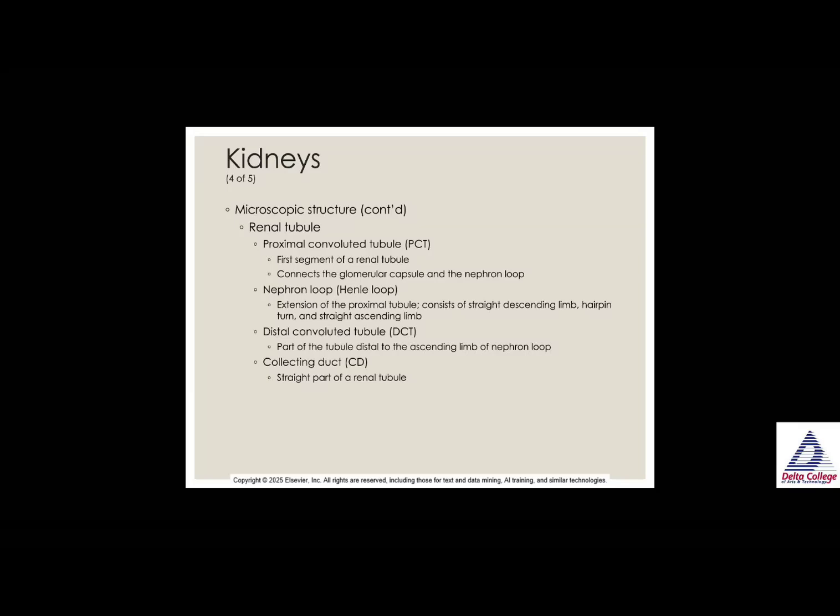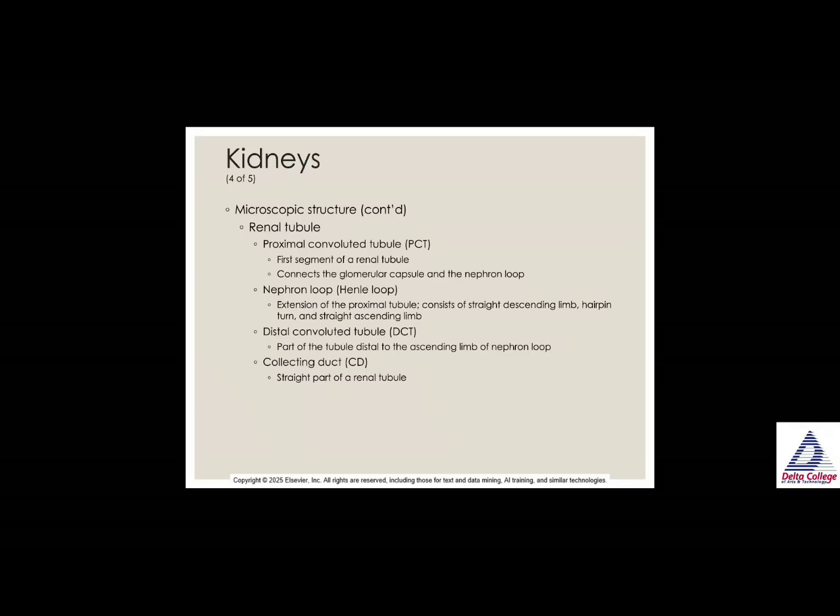The renal tubule is made of the proximal convoluted tubule, the PCT. This is a very important part, the first segment of the renal tubule, and it connects the glomerular capsule and the nephron loop. Now, the nephron loop is also known as the Henle loop or the loop of Henle.